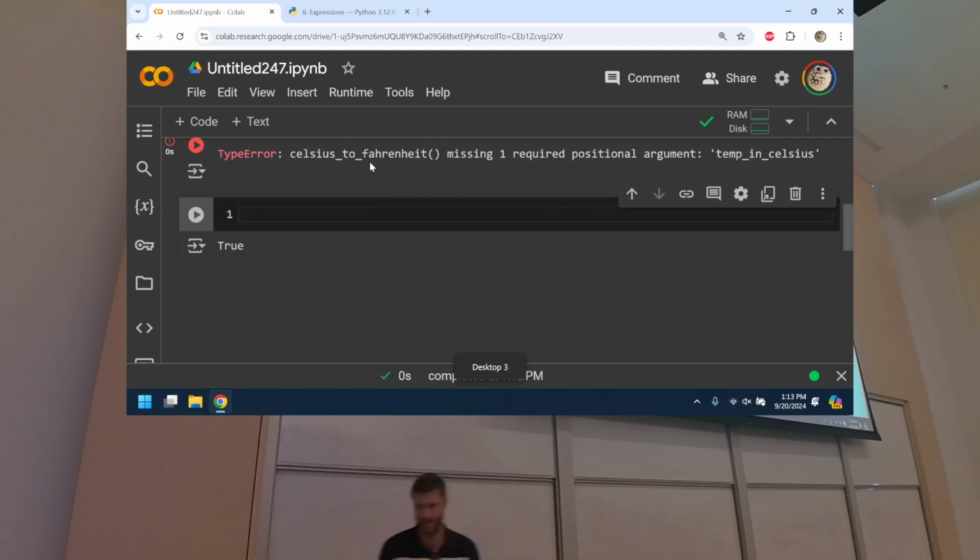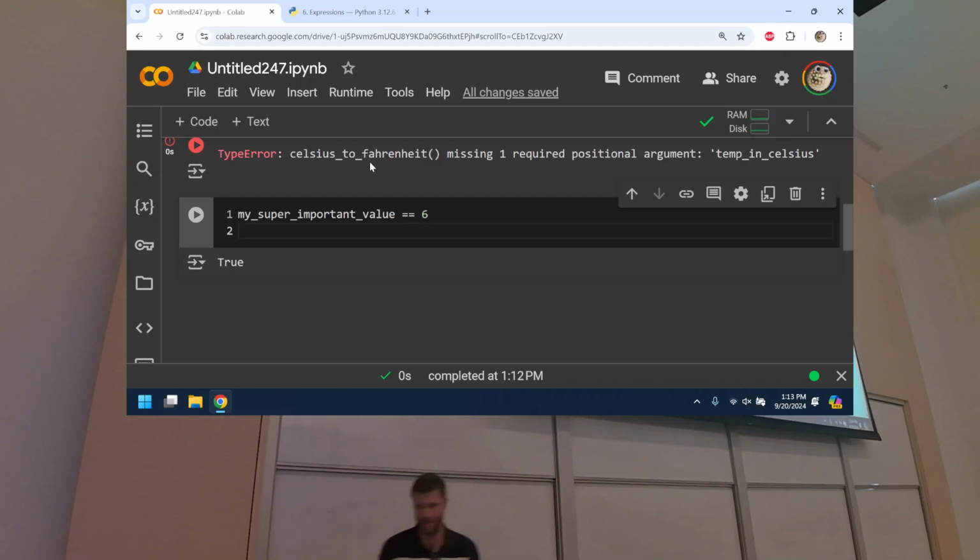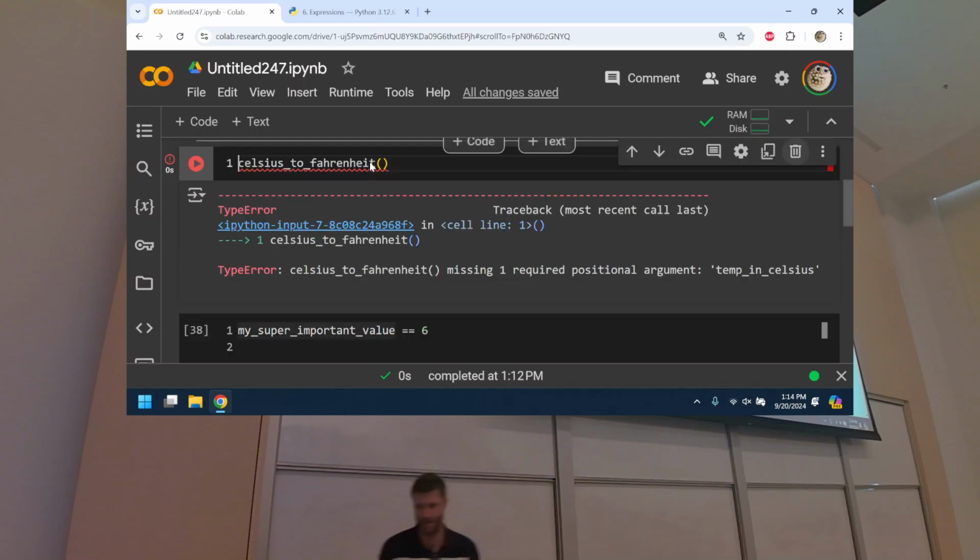Here's what I mean. If I had some, like, my super important value, right? And I want to check if my super important value is equal to 6, right?